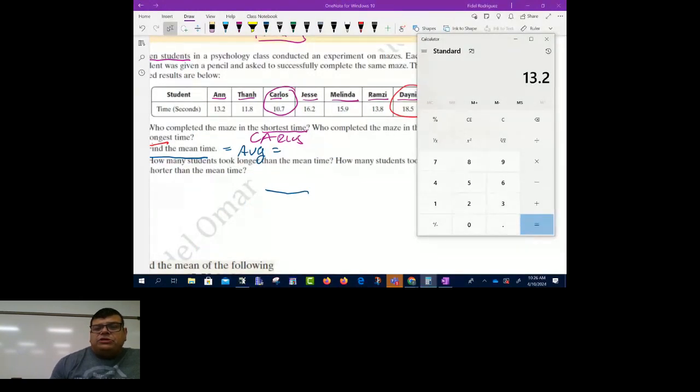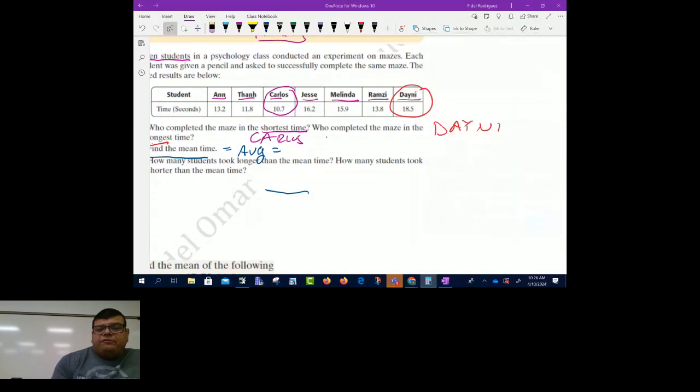So 13.2, 11.8, 10.7, 16.2, 15.9, 13.8, and 18.5. Okay, so when we take all those numbers and we add them up, I'm coming up with 100.1, but we have to divide by however many numbers we had.